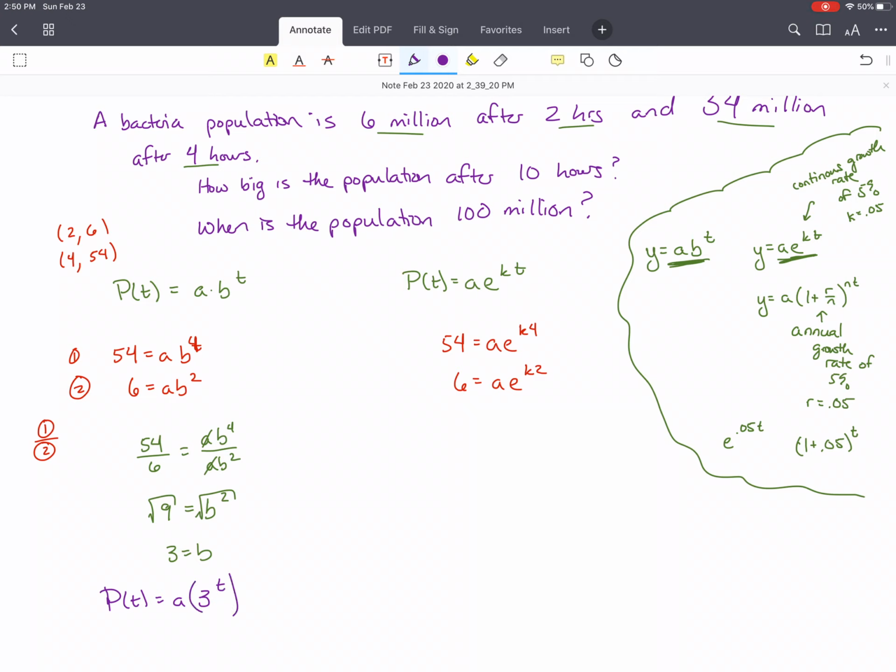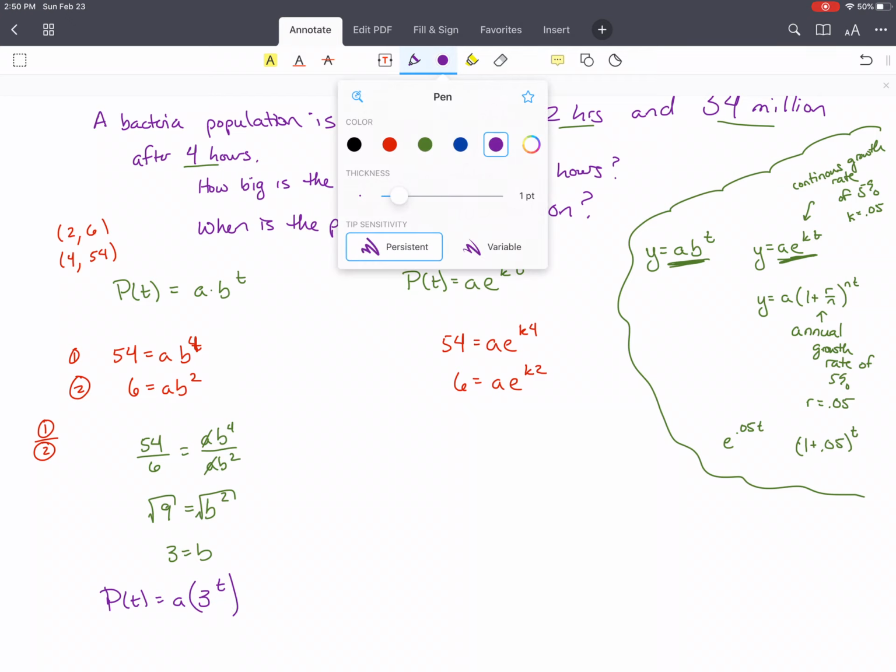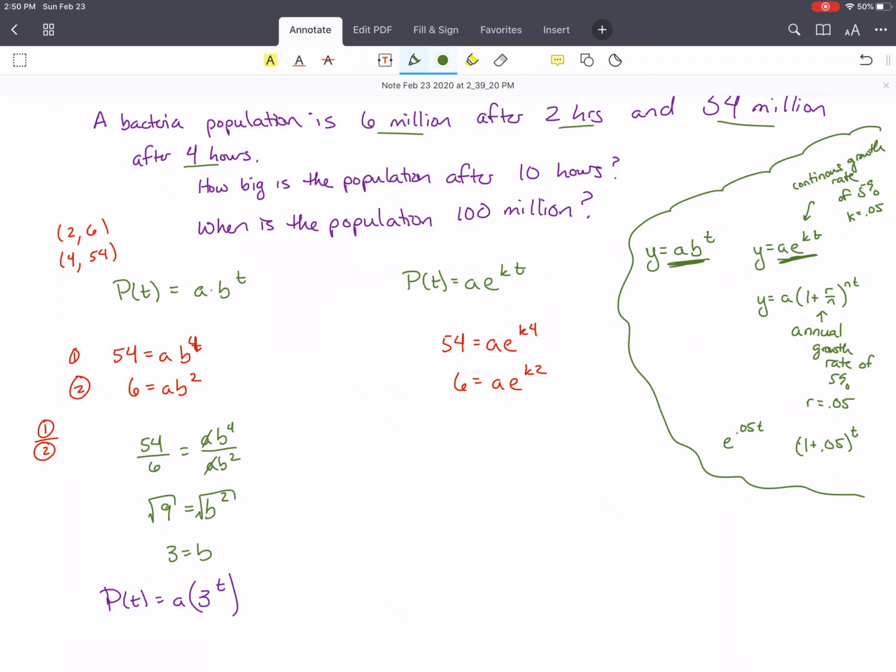Now if I were doing this all with e instead, I would do that same process. I do 54 over 6 is a e to the 4k over a e to the 2k. My a's cancel. I get 9 is e to the 4k minus 2k, or e to the 2k. To solve here, I would take the natural log of both sides and then divide both sides by 2.